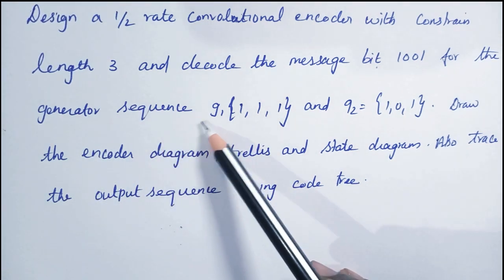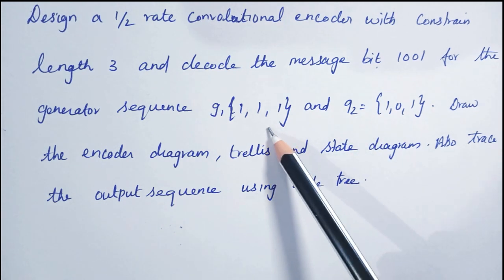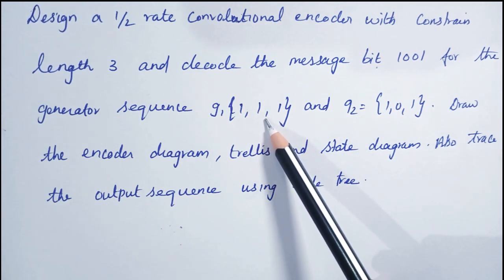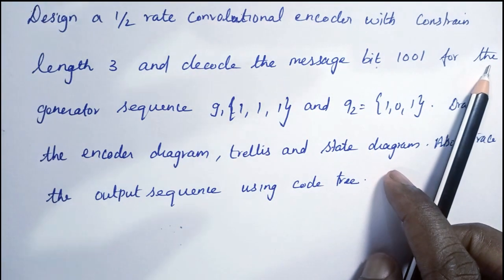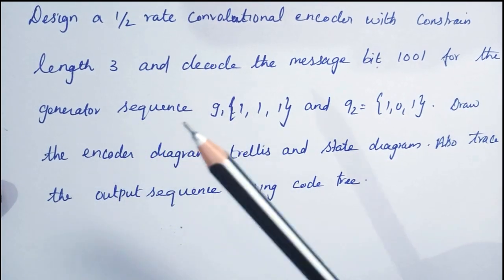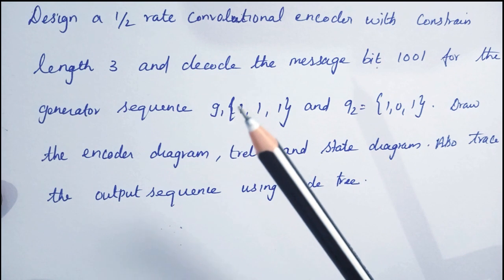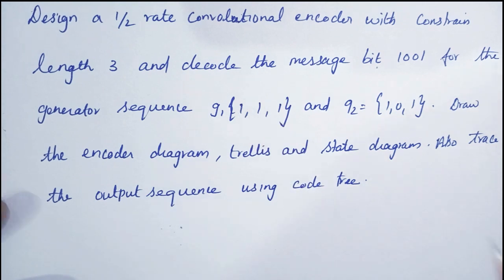The generating sequences G1 and G2 influence the output, which we can define as x1 and x2. The constraint length is the number of shifts over which a single message bit can influence the encoder output. So let's start with the encoder diagram.